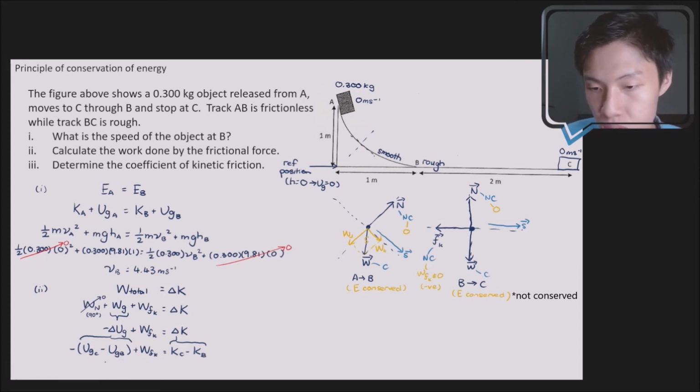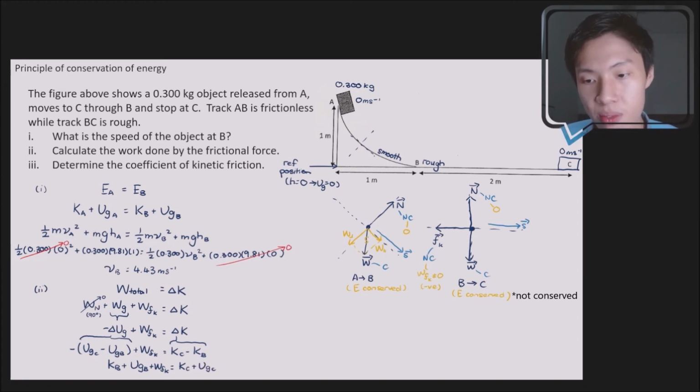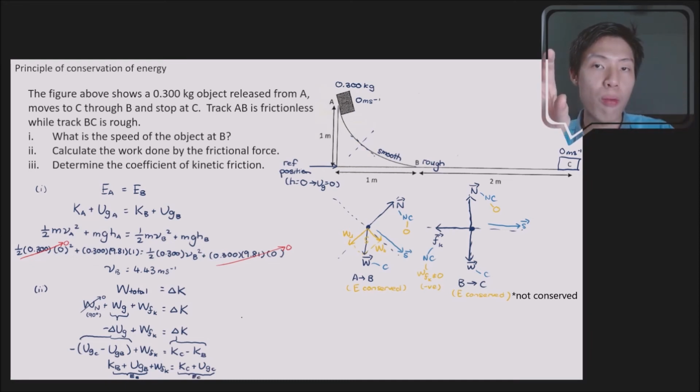So what will happen is you will be getting kinetic energy at point B plus the gravitational potential energy at point B plus the work done by kinetic friction is equal to the kinetic energy at point C plus the gravitational potential energy at point C. Okay, so what you have here is this side to be the mechanical energy at point B and this side to be the mechanical energy at point C. So mechanical energy at point B and mechanical energy at point C will be different.